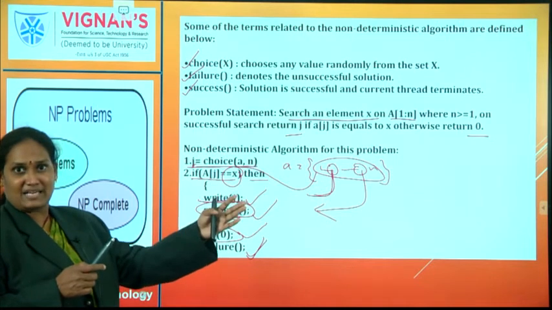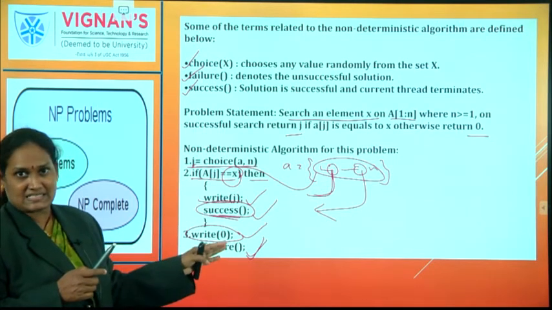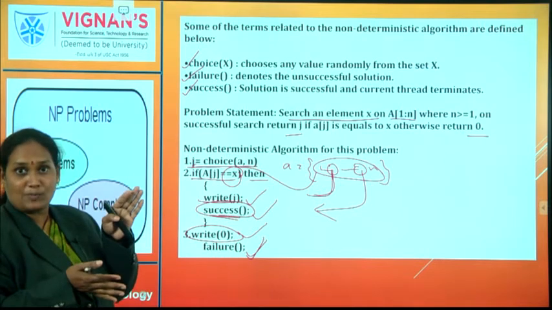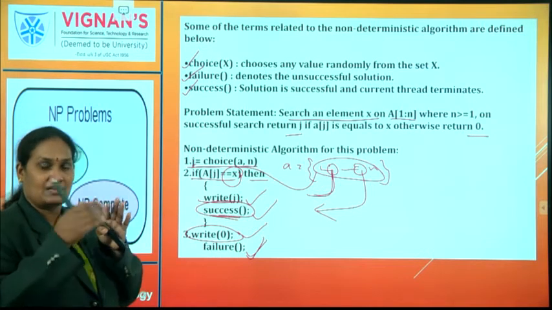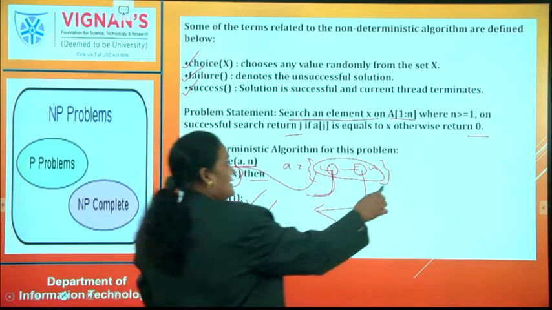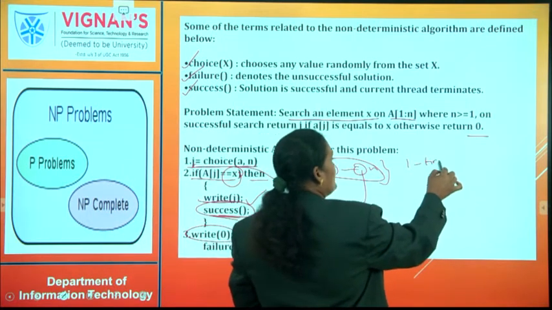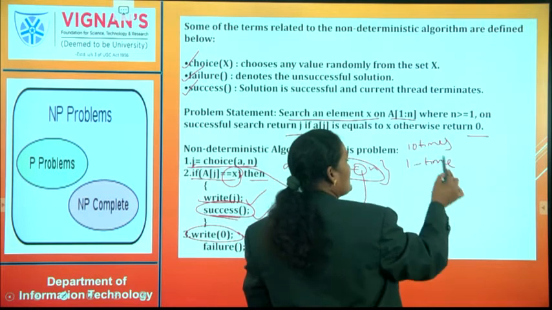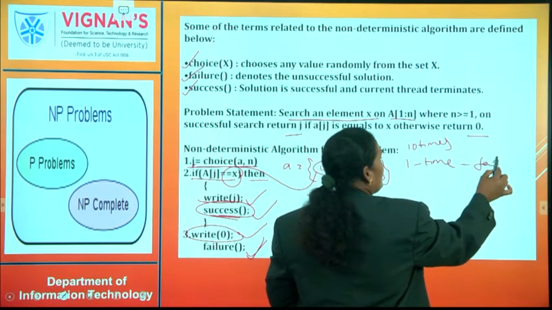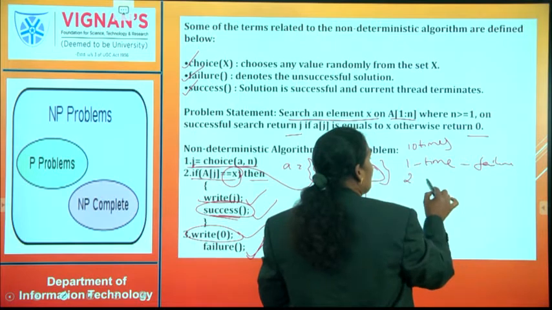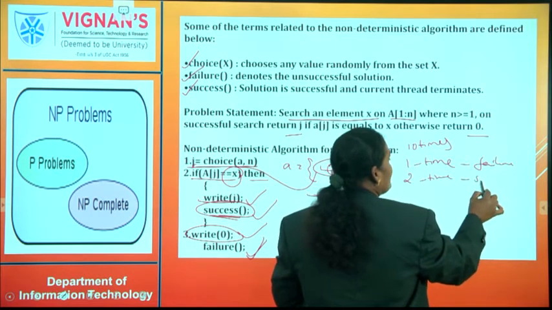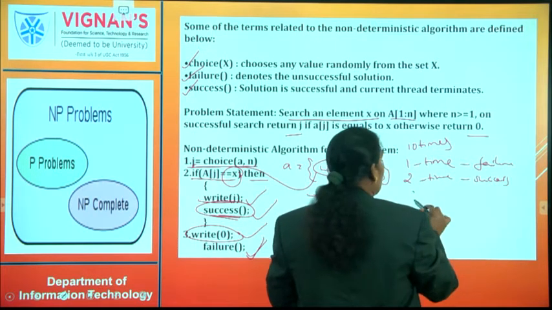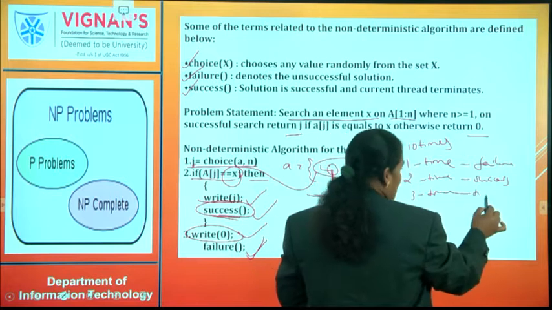The second time I executed it, it terminated with success. If I want to execute that 10 times, for the first time it may terminate with a failure, for the second time with success, and the third time with success.